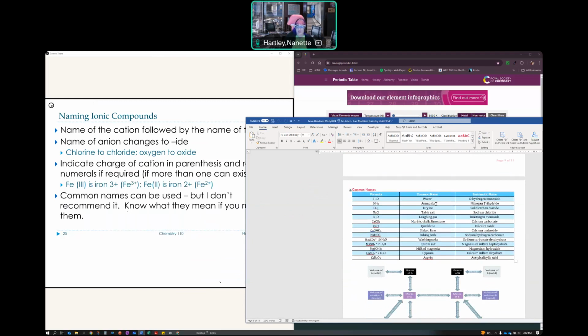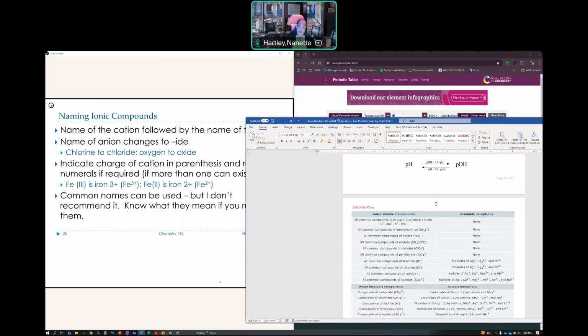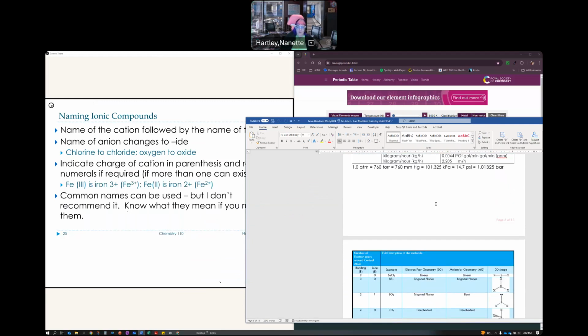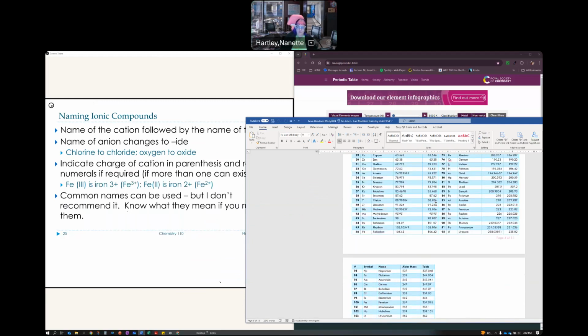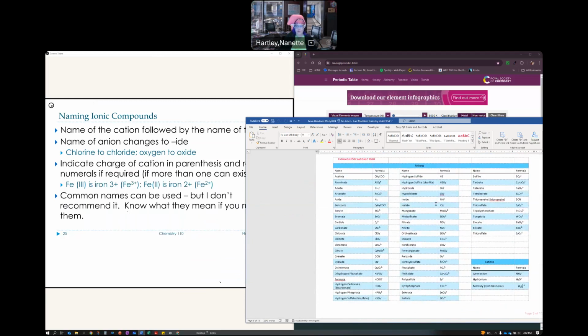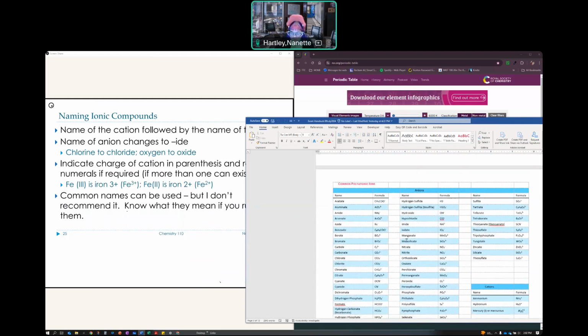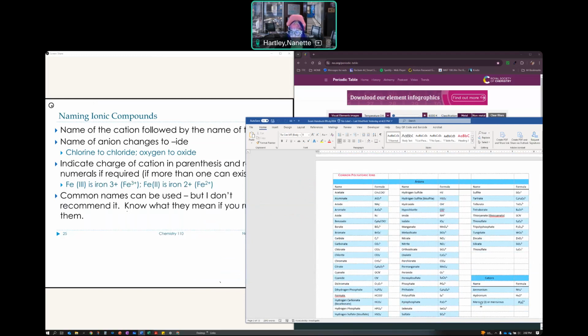One of the things you'll see in the ions, and look at our ions, they're up here. If I look right here, what you see on this one, and this again is not on your list, is it says mercury(I) or mercurous. Okay.